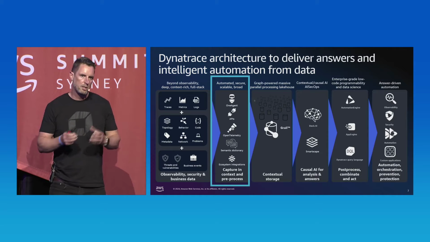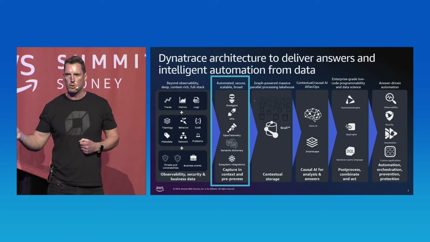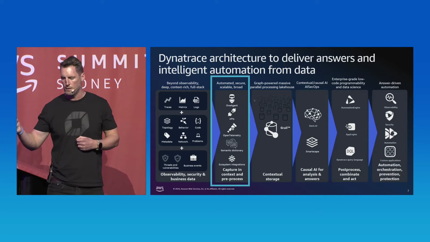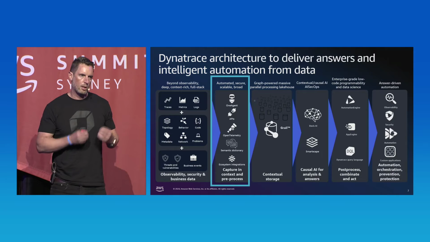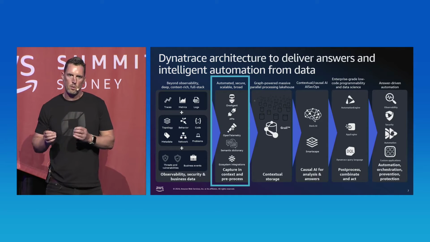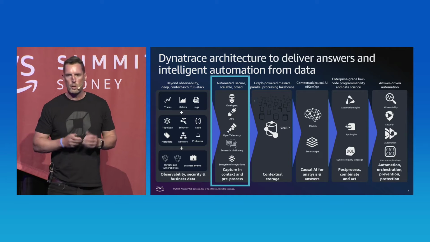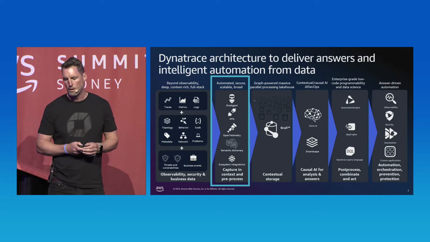Then we have our ingest API for visibility into third-party SaaS services, and extensions on the Dynatrace Hub for observability into external vendors. We're a big contributor to OpenTelemetry as well, and with our ecosystem integrations with the likes of AWS and CloudWatch and other hyperscalers, we truly can support observability into any environment.